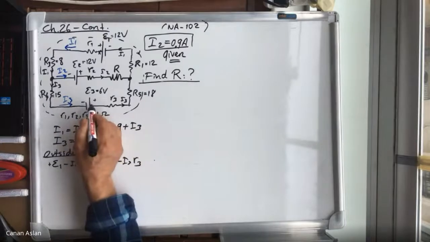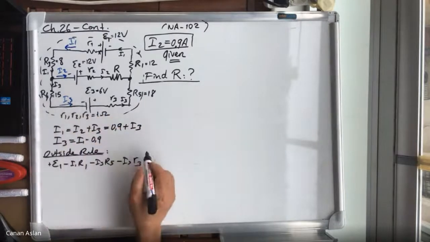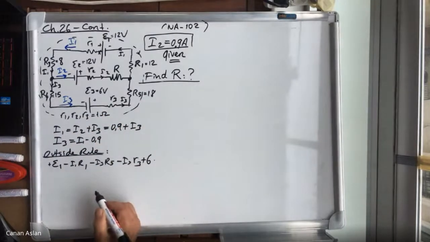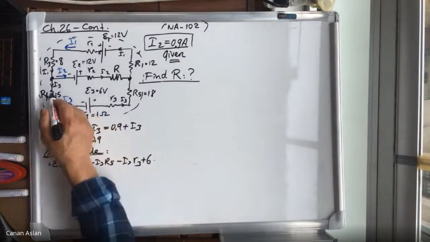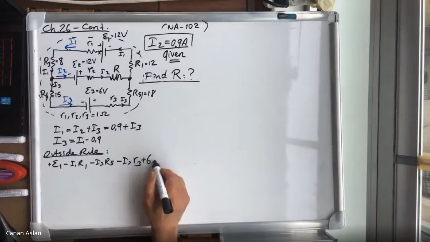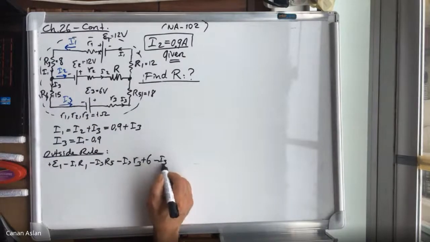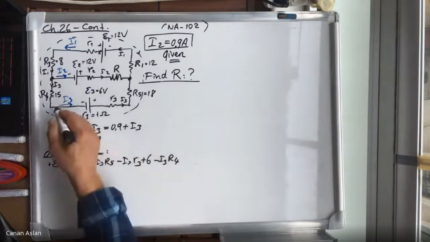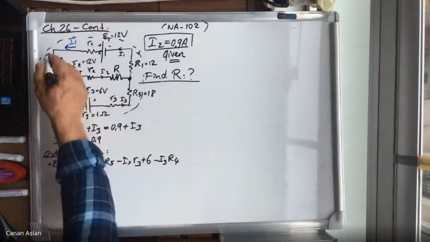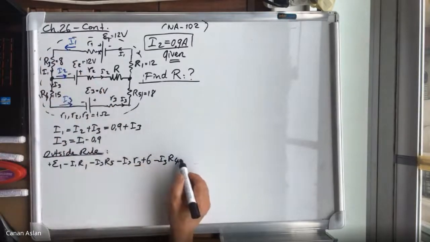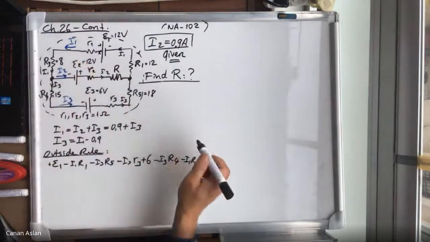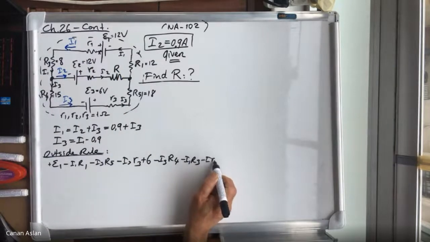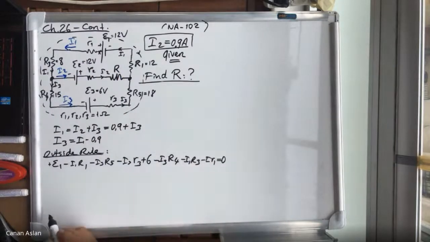Now we continue and enter from the positive side, it's plus 6 then, okay? Plus 6. And again, minus I3 R4, because it's opposite. Now again, this opposite one, minus I1 R3, okay? Now we come to this one, and it's I1 R1 with a minus sign. And their sum should be equal to 0.